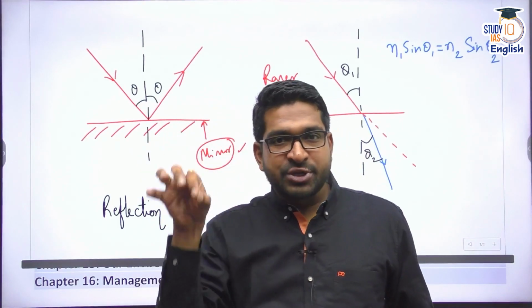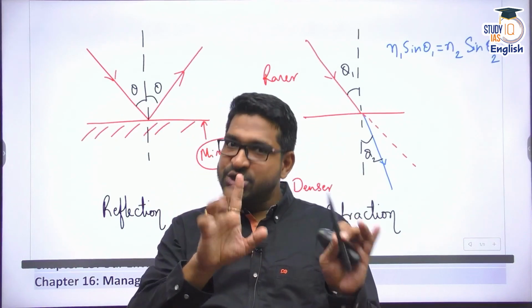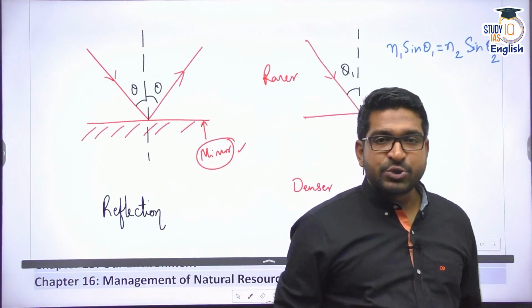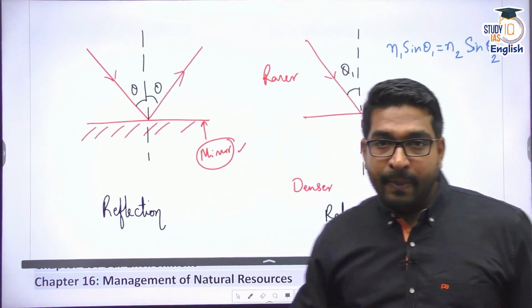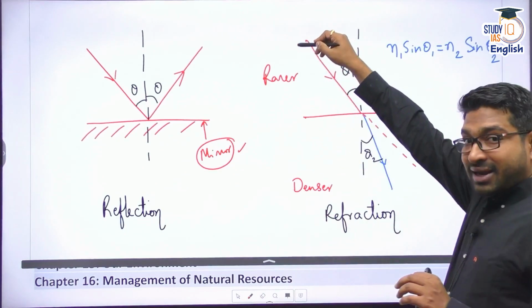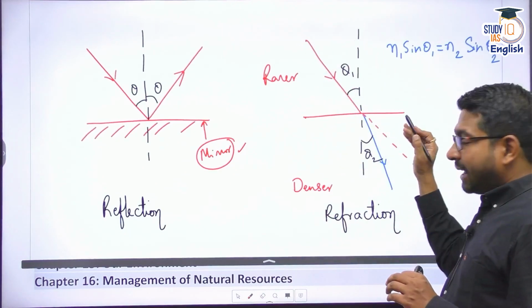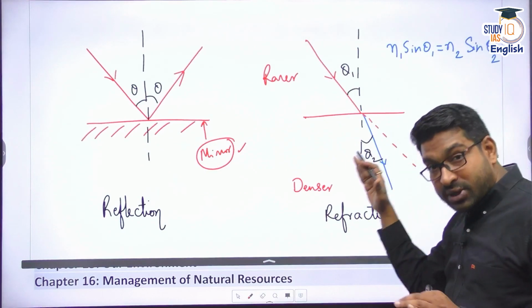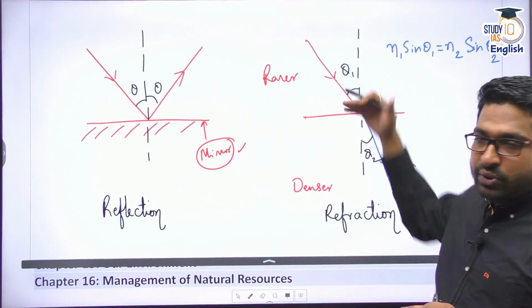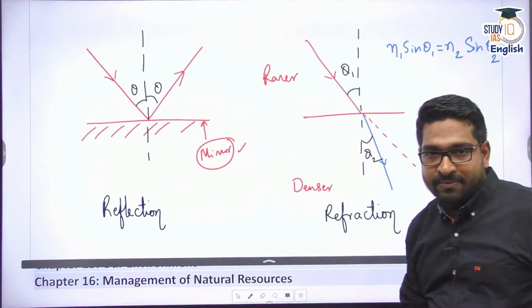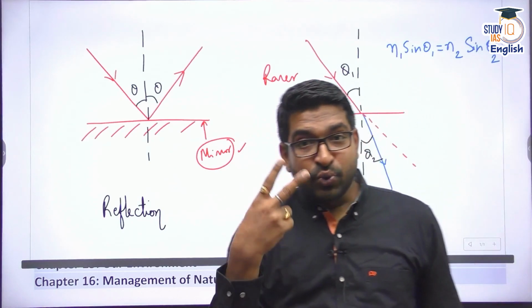And change in velocity occurs because of change in wavelength and not change in frequency, that we have discussed. We also established some facts, like when the light ray passes from a rarer medium to a denser medium, the light always bends towards the normal, and when it passes from denser to rarer, it bends away from the normal. Also, refraction has two laws.